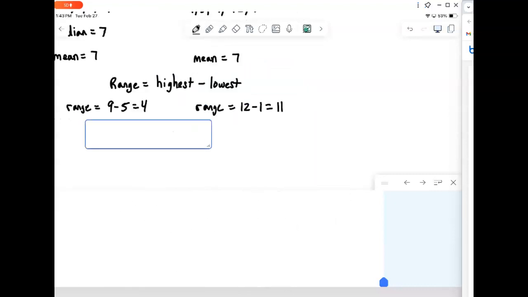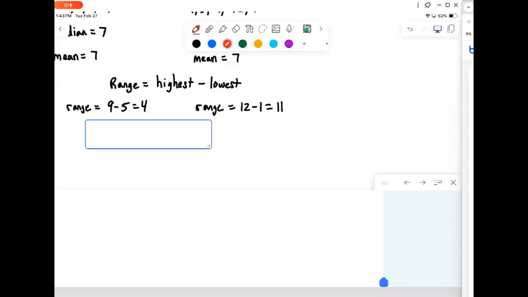However, range is a very basic measure. You saw this with the mid-range, it was only using 2 of the values in our set of data. And so therefore it's a very rough measure.